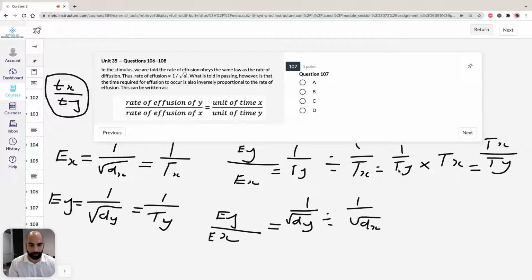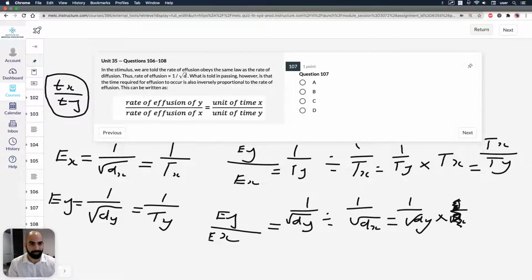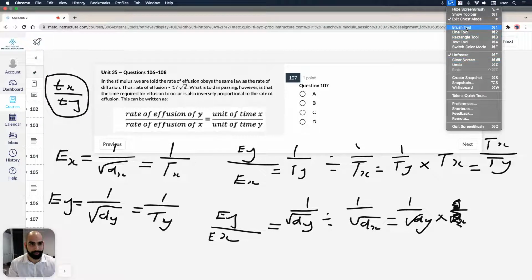Again, with the reciprocal, that's 1 over square root dy times square root dx over 1. Sorry, let me just fix that up.